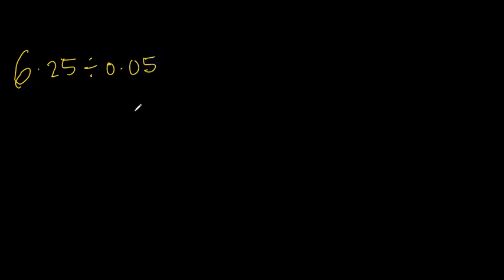When you have this, normally you would like to write it as a fraction. So this is the same as 6.25 over 0.05. Then from here, you aim at changing the denominator to a whole number. And as you do that, you have to account for the changes in the numerator as well.